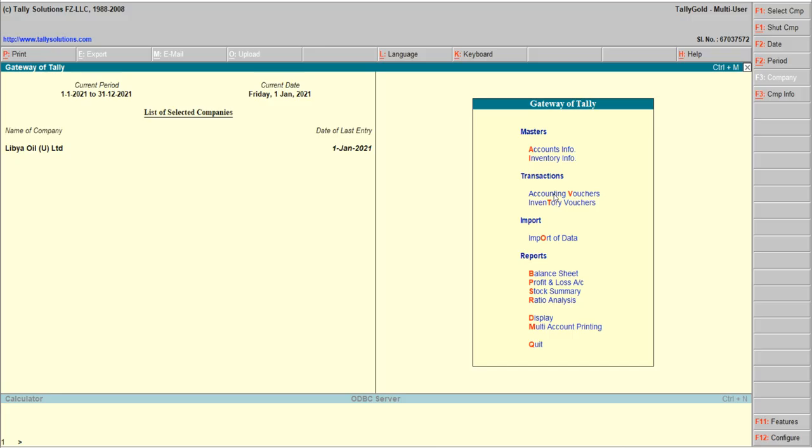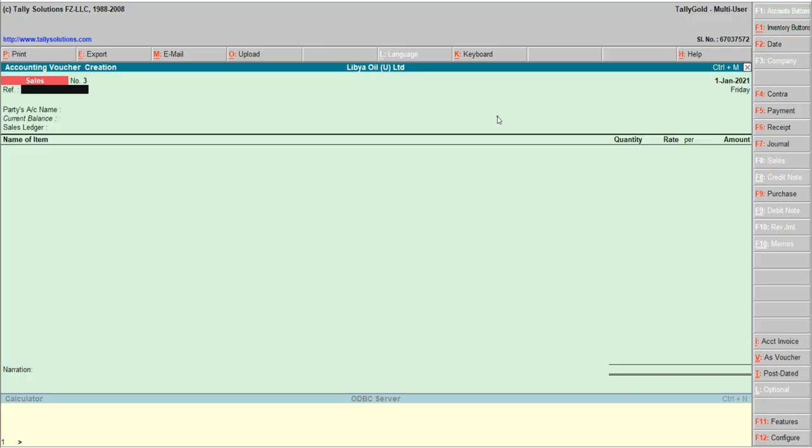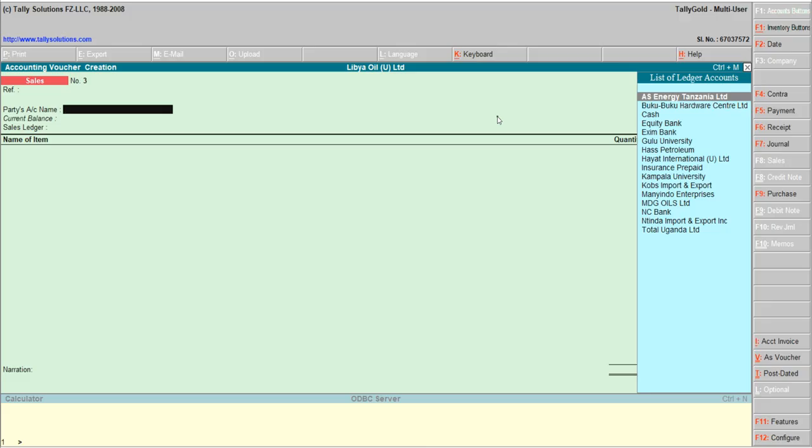We are going to use sales here, under accounting vouchers, sales. The party name, you're going to use cash, because it's a cash sale.